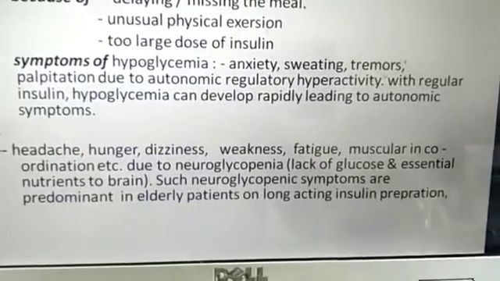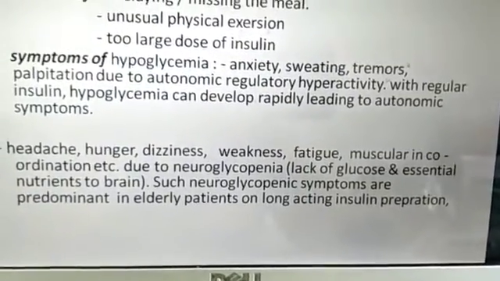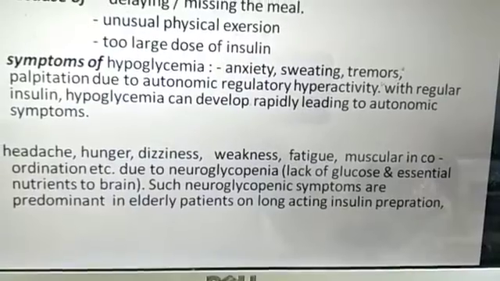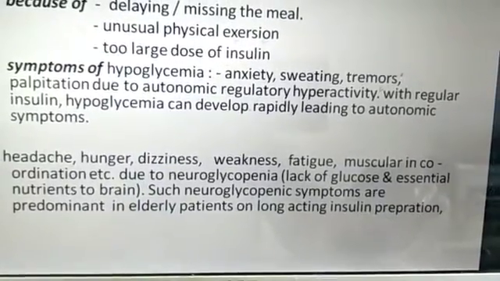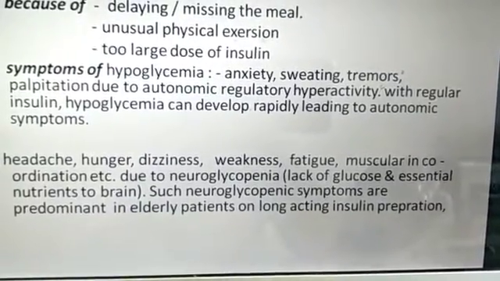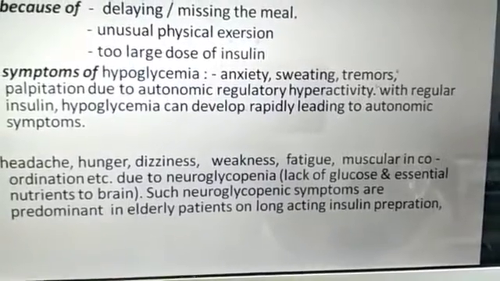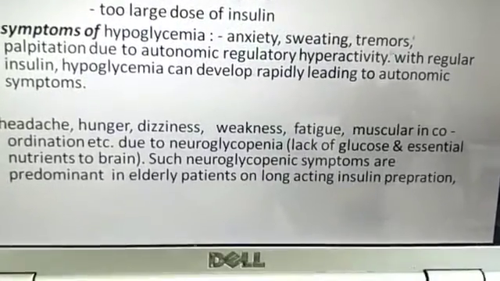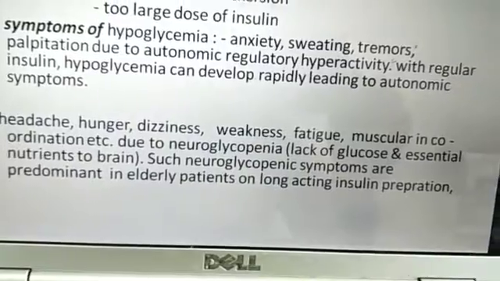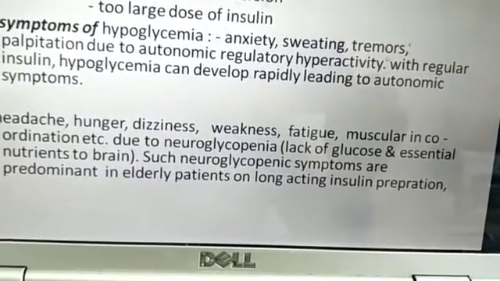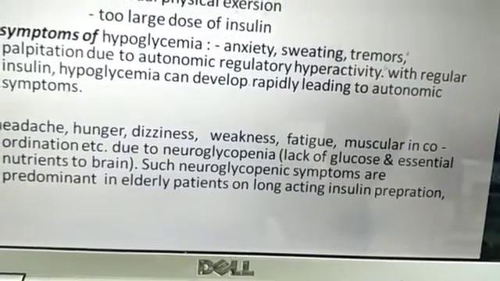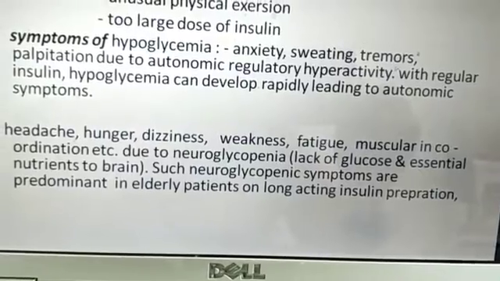What are other symptoms that can occur in hypoglycemia? There is headache, hunger, dizziness, weakness, fatigue, muscular incoordination. These are due to neuroglycopenia. Neuro is nerves, brain, glyco is energy, glucose, penia is deficiency.